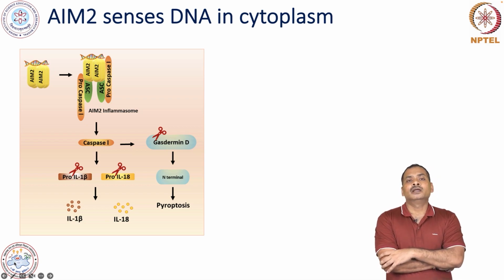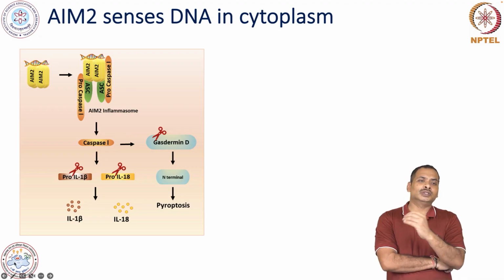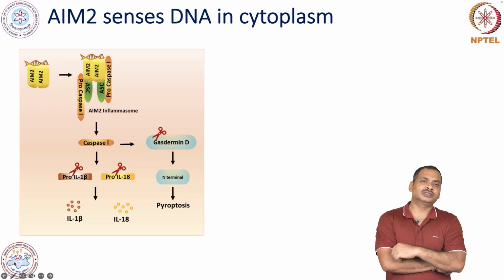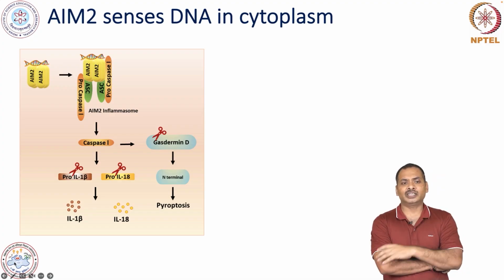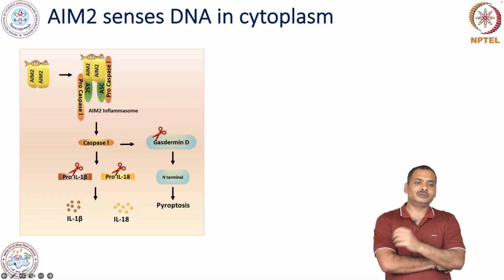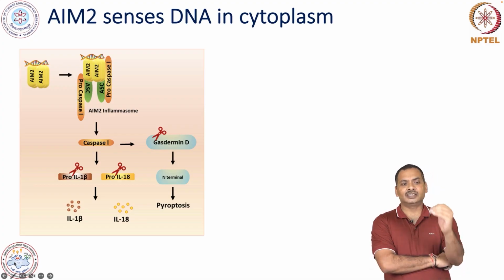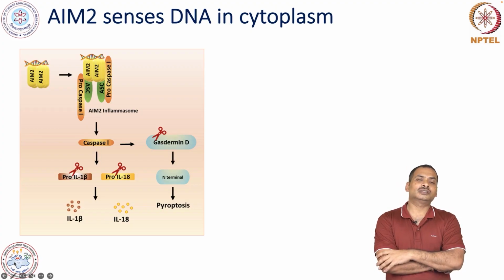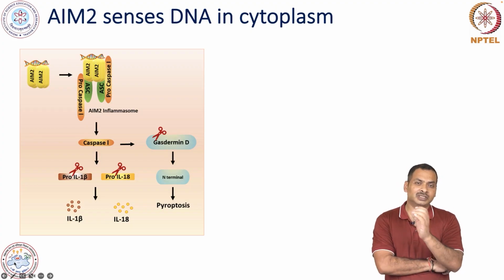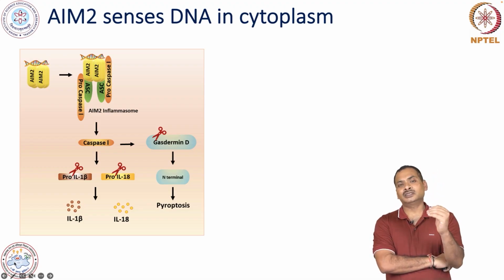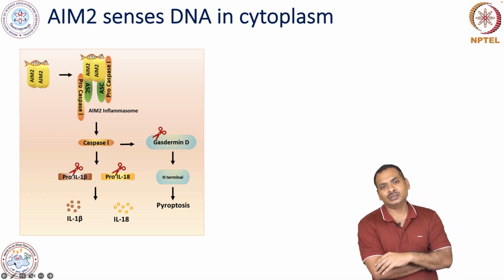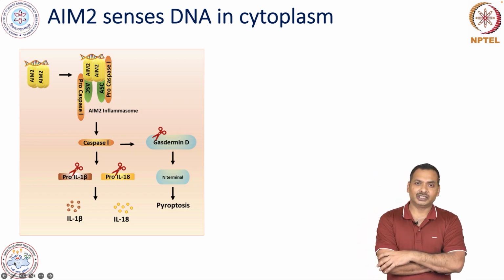Once this complex forms, there will be activation of procaspase into caspase, and this caspase cleaves the inactive pro form of the IL-1 family cytokine, which is then converted into the active IL-1 family cytokine.